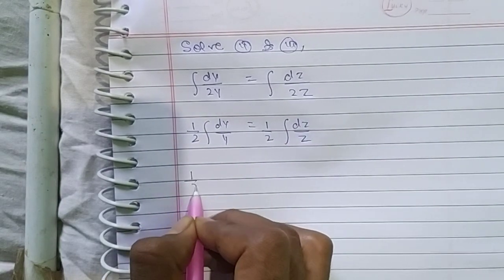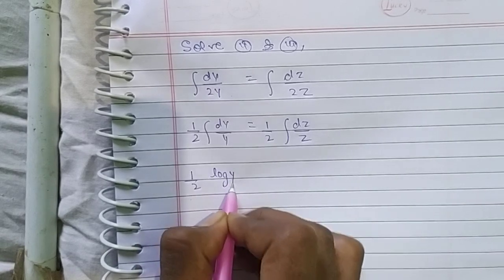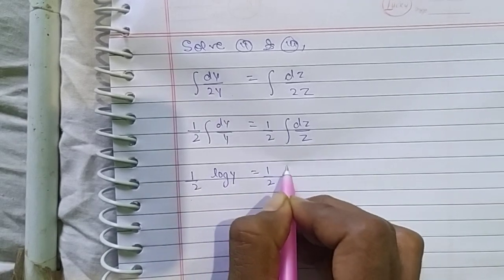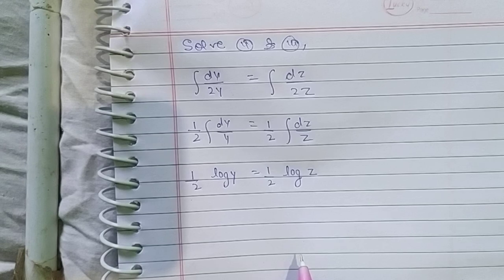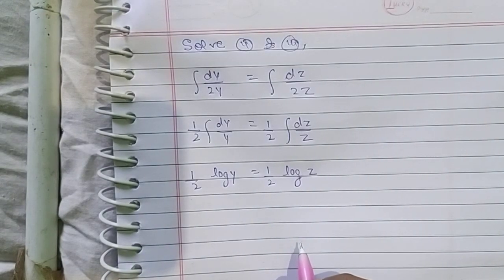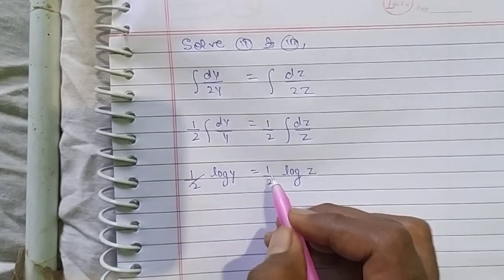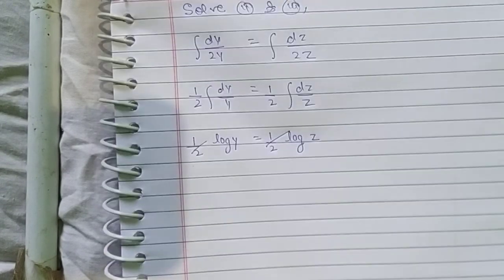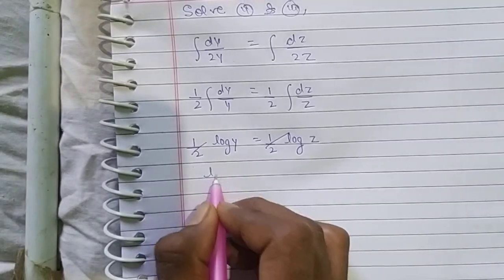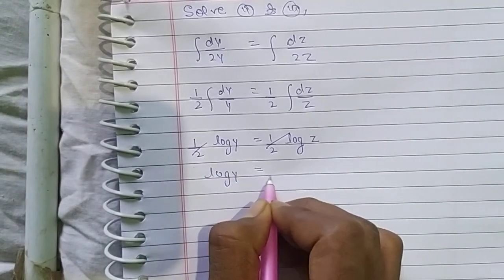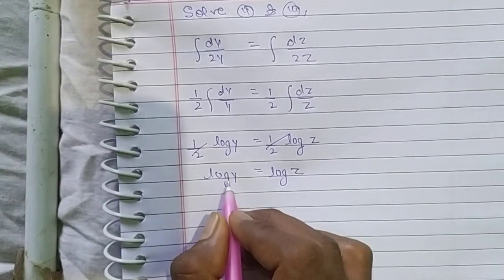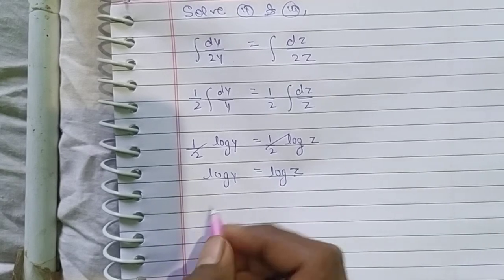Then we get 1 by 2 log y and 1 by 2 log z. Okay, now simply we cancel out and we get log y is equal to log z. Both sides have log, then you can cancel out.